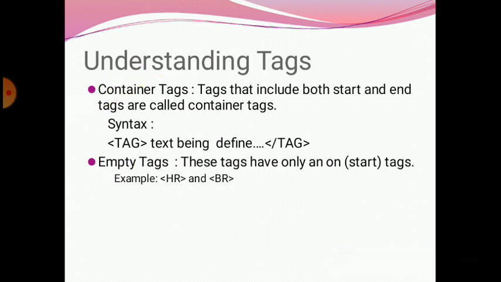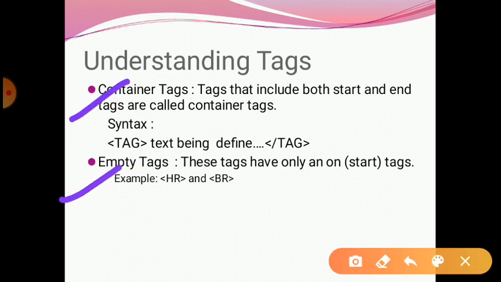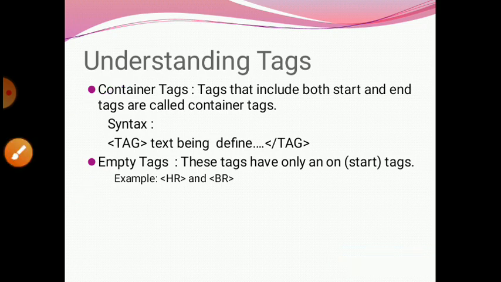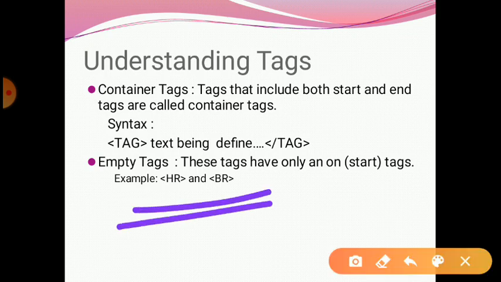So you must learn their definitions. A container tag includes both a starting as well as an ending tag, so it is called a container tag. Empty tags have only a starting tag, not a closing tag, just like HR and BR. HR means horizontal ruler and BR means break line, and the rest of the tags are container tags.